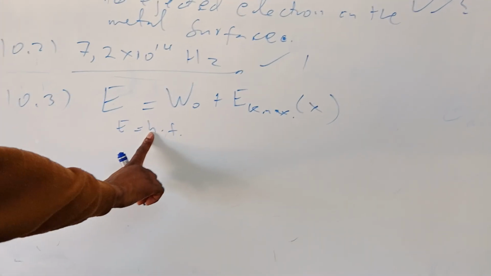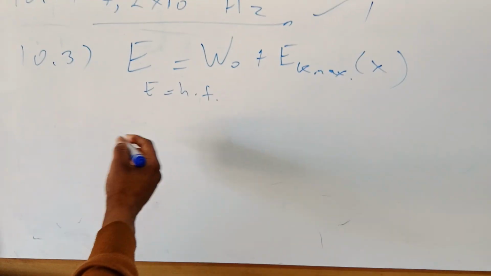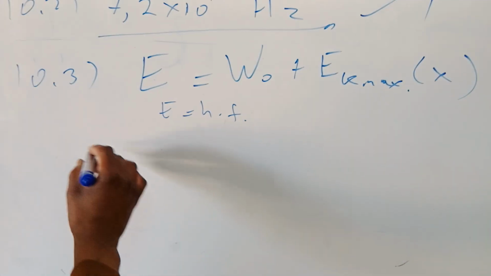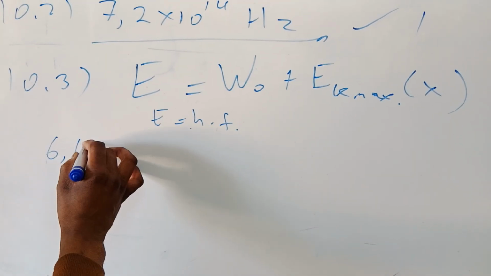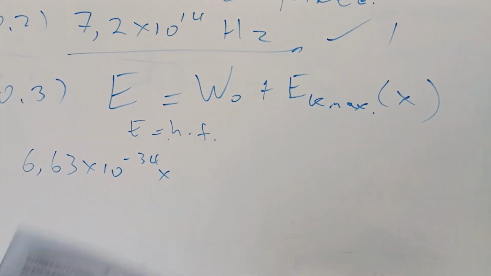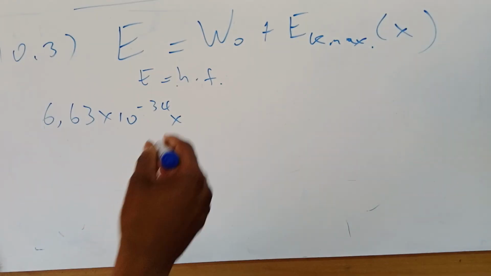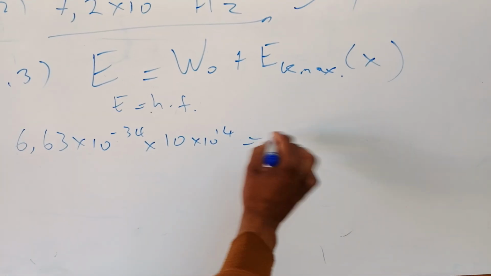That is Planck's constant times incident frequency. So I will just substitute there. Planck's constant, all of you know it's 6.63 times 10 to the power minus 34, times that value there, which is 10 times 10 to the power 14.